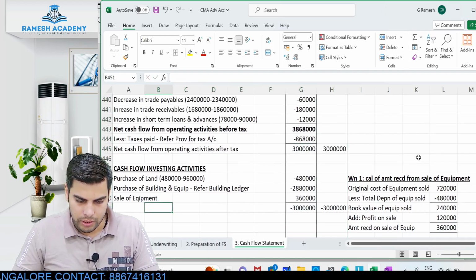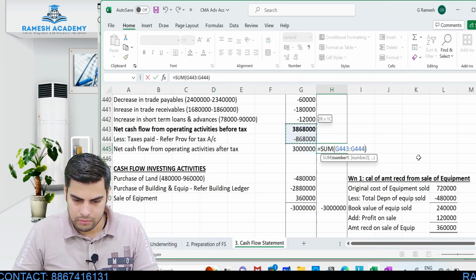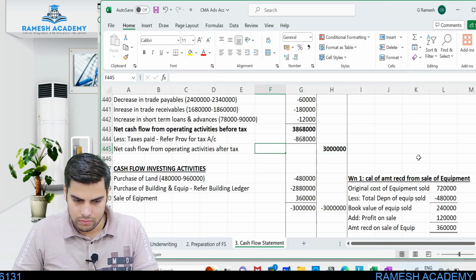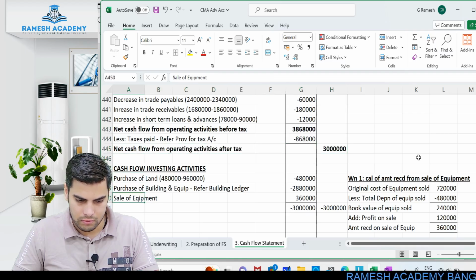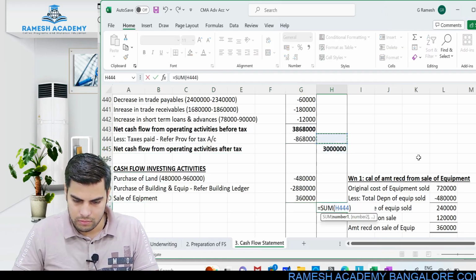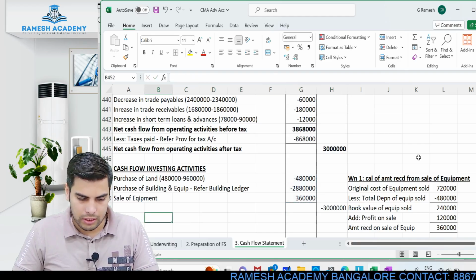Okay, so this would be the... just a second. Yeah, so this 30 lakh rupees would be what?